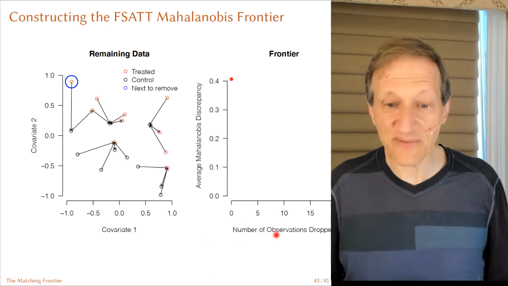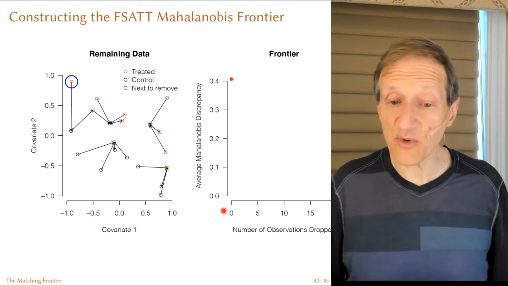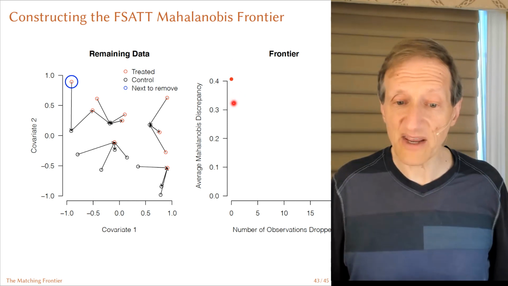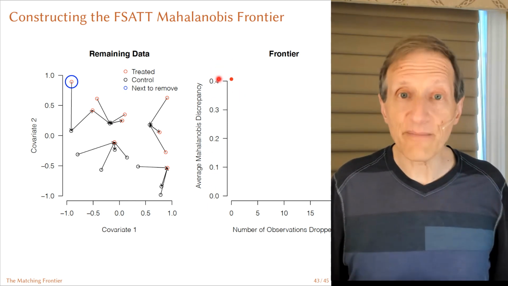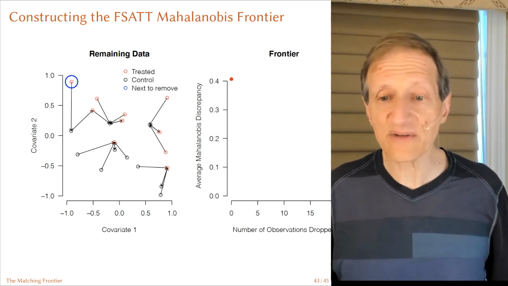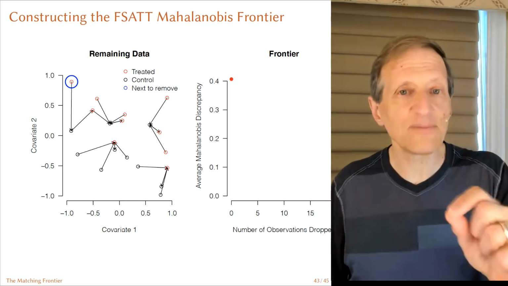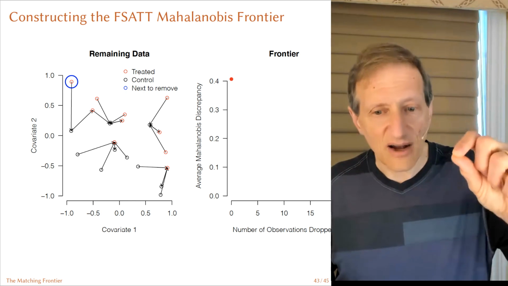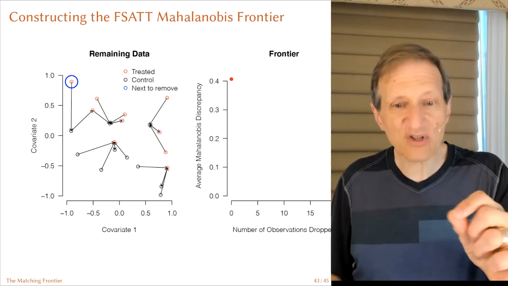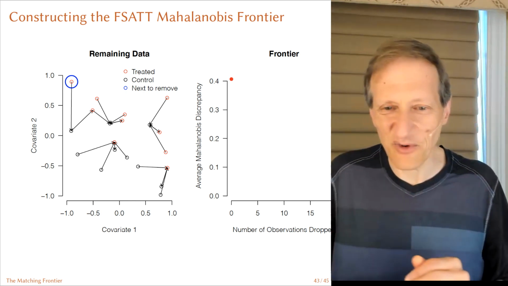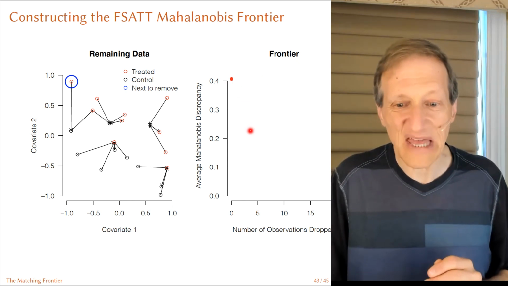This is the number of observations that we're going to drop, starting with the original data set, which is right here. The vertical axis is imbalance. It's another measure of imbalance. I'm then going to delete the one observation that will reduce imbalance the most.